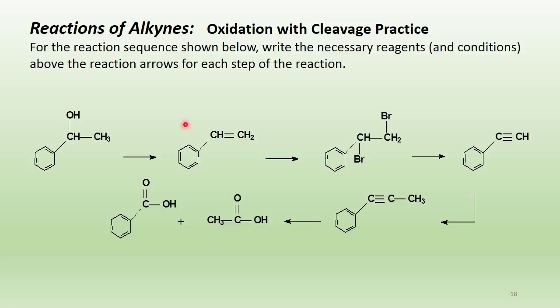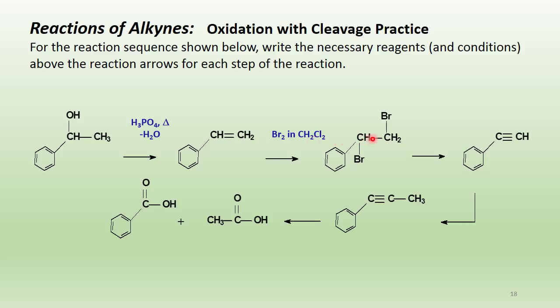Now, that would be a dehydration reaction, which is carried out with sulfuric or phosphoric acid and heating, and that's dehydration, loss of water. In the next step, the alkene is converted to a vic dihalide. That's done with the addition of, in this case, bromine and dichloromethane.